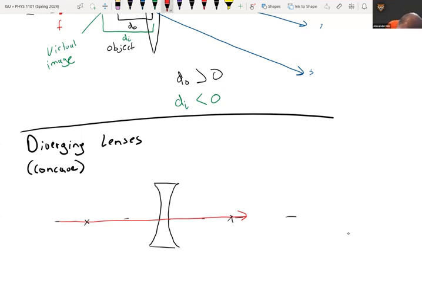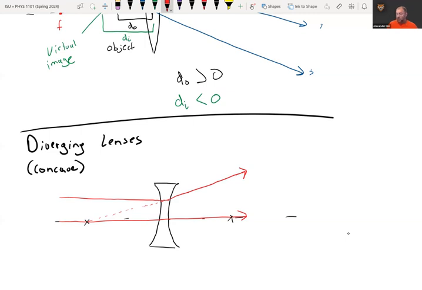If we have another parallel ray, when it hits this lens, it's not going to bend towards the focus, it's actually going to bend away from it. How much is it going to bend away? Well, the way we determine that is we do a dotted line from the focus to where the ray gets bent, from the focus on the other side. And then this ray traces up and away like so.